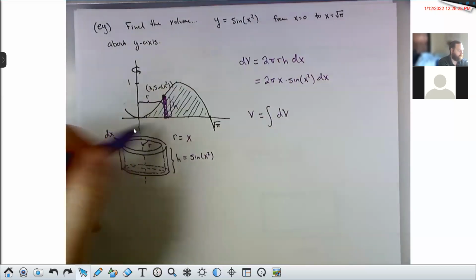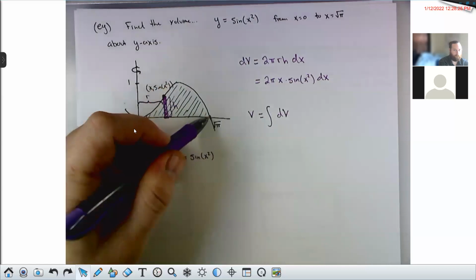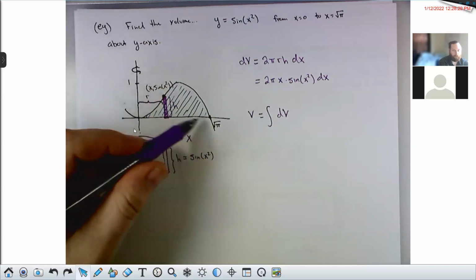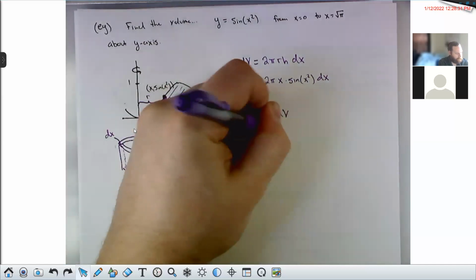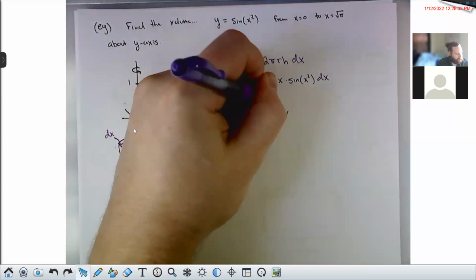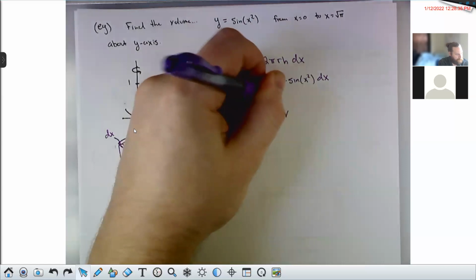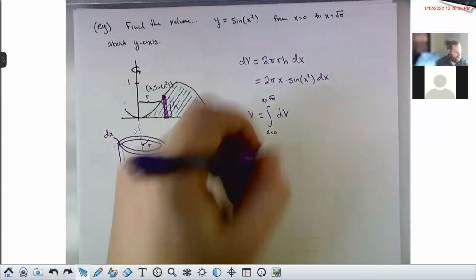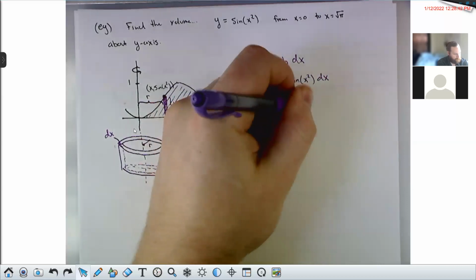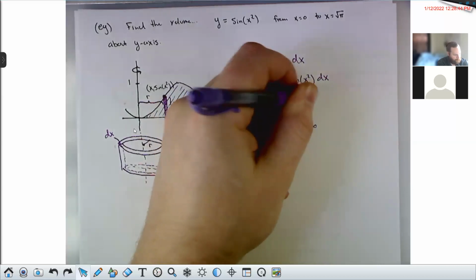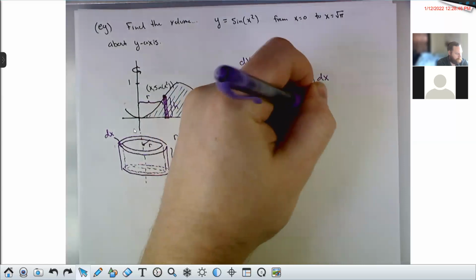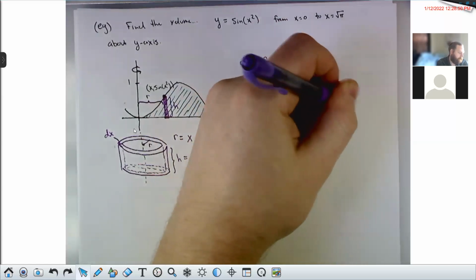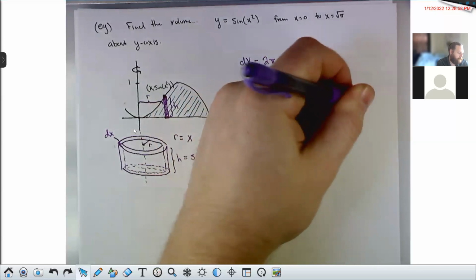In this case, we're going from 0 up to the square root of pi, right? From the smallest x value in my region to the largest x value in my region. So it's from x equals 0 up to x equals the square root of pi, which is the integral from 0 to root pi of 2 pi x sine of x squared dx.